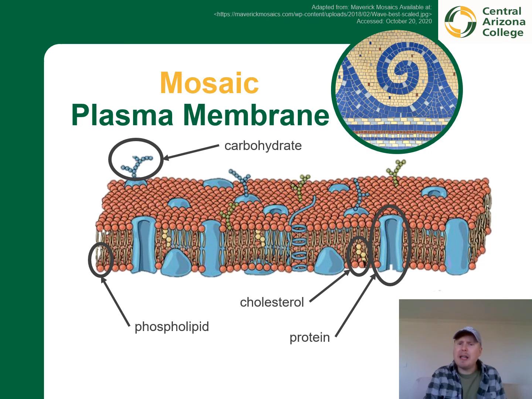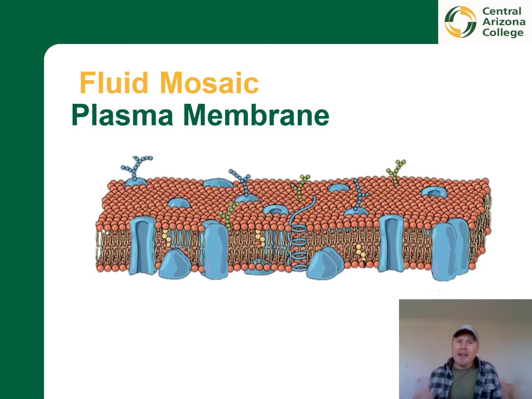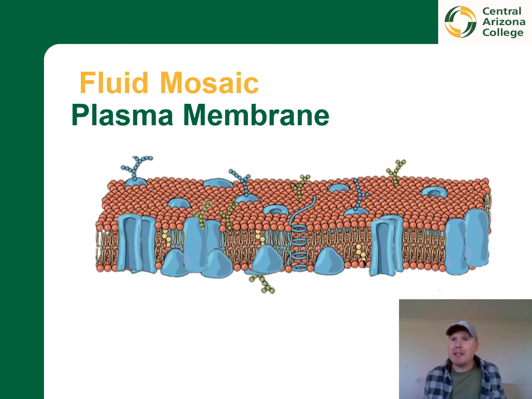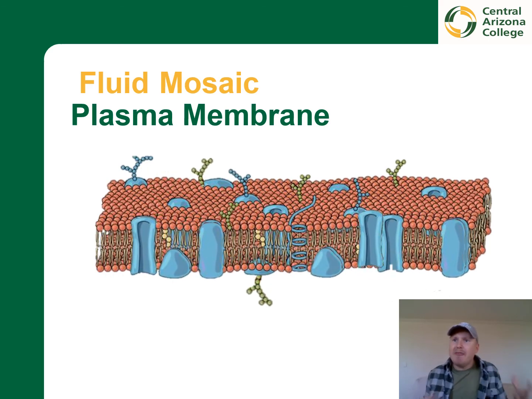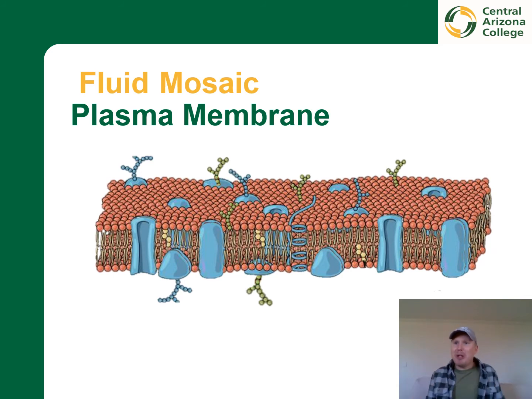How about the fluid nature of this membrane? What does the term fluid refer to? Well, the many components that make up the plasma membrane are in fact constantly moving about and changing their location and even position as far as which side of the membrane they are on.